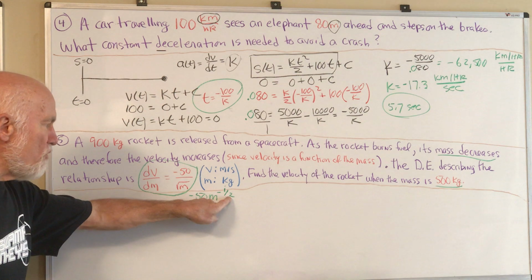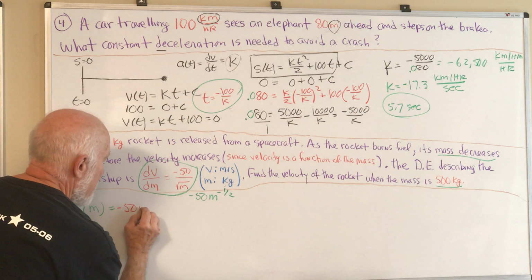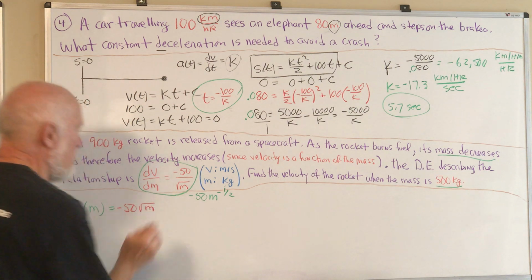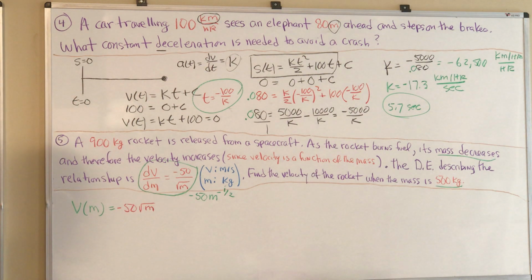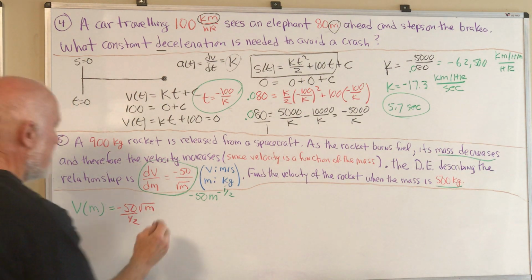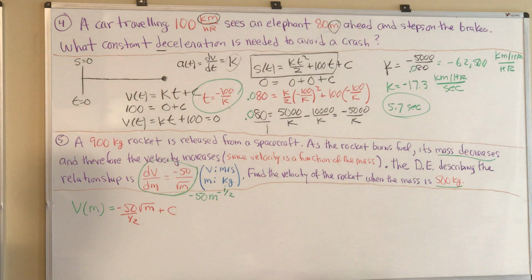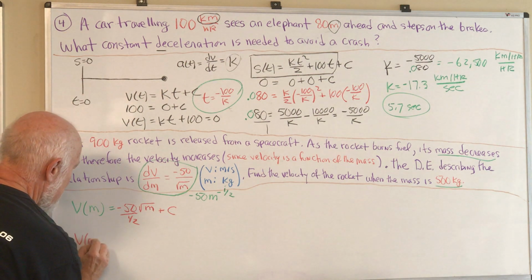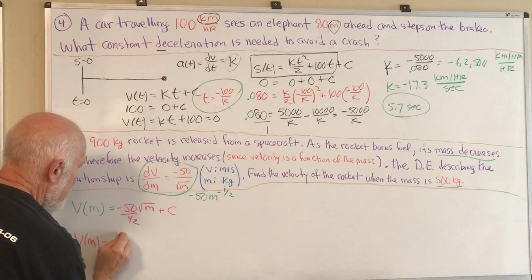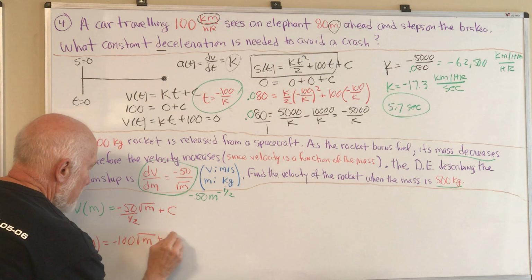This goes up by 1, so it goes m to the 1/2 power, which I can write like that, divided by 1/2, plus, always our constant, plus c. So v of m is negative 100 times the square root of m plus c.